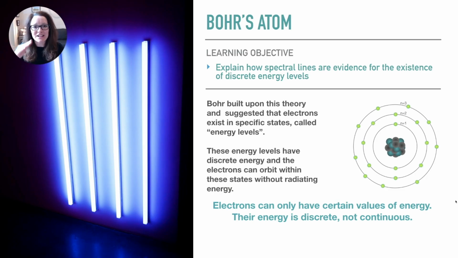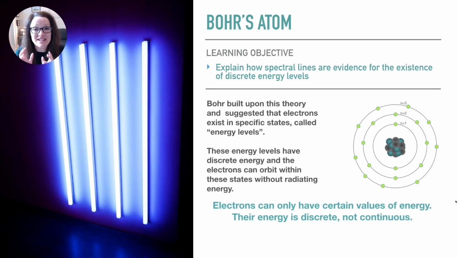And I like to think of them like stairs. They stay on that one stair and it surrounds the nucleus. These energy levels have discrete energy, so they have distinct energy values associated with them. And the electrons can stay in that energy level without radiating any energy. So it doesn't give any energy away. It can go round and round, and it stays where it is.